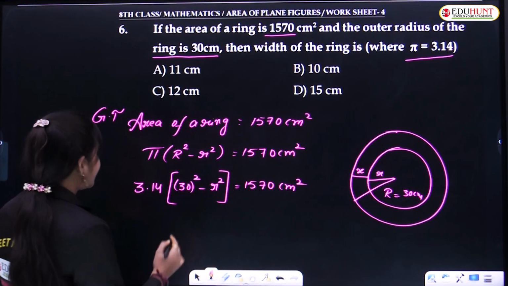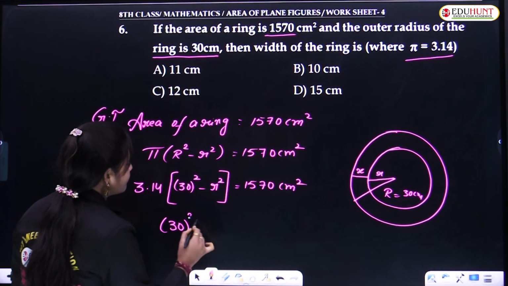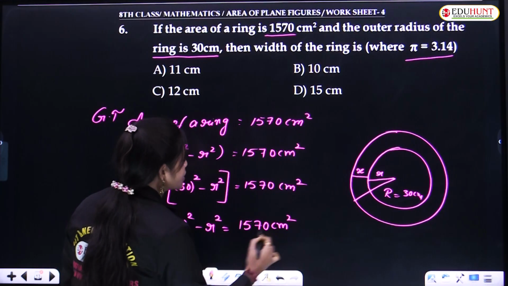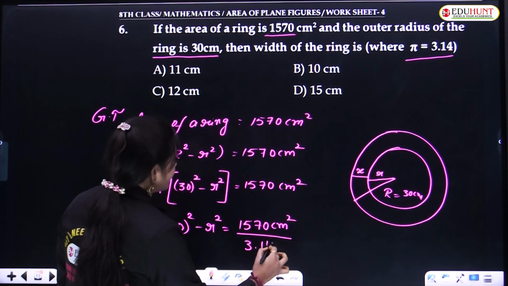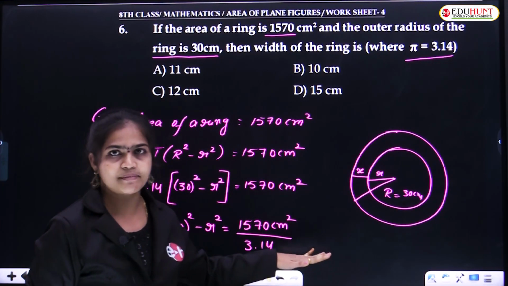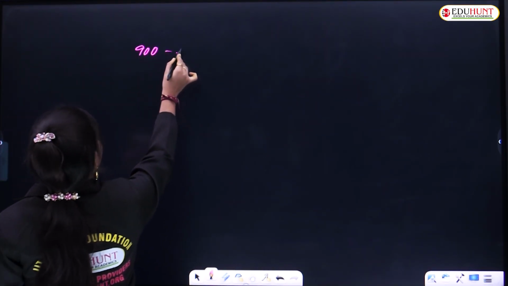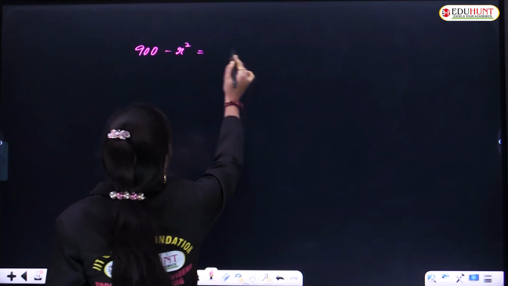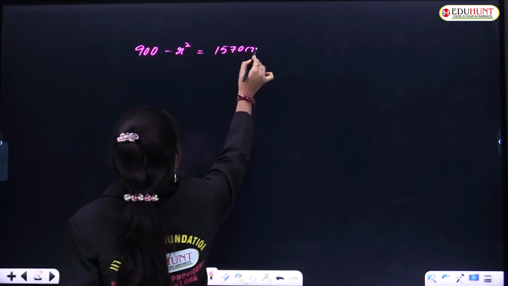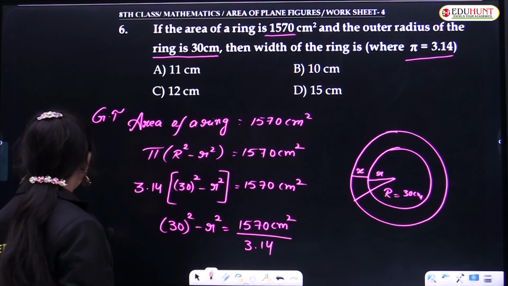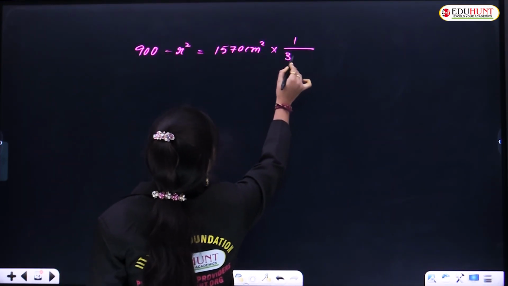First simplify it. 30 square minus r square is equal to 1570 centimeters square whole by 3.14. Here 3.14 is in multiplication, so multiplication becomes division. Now 30 square is nothing but 900, minus r square, is equal to 1570 centimeter square into 1 by 3.14.